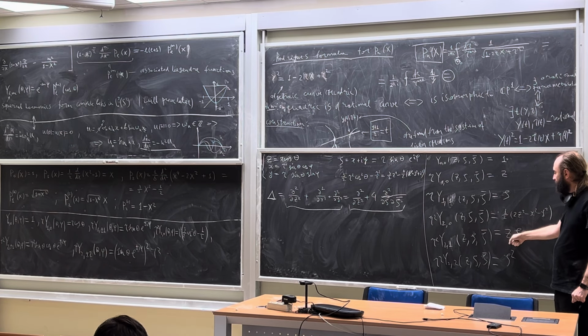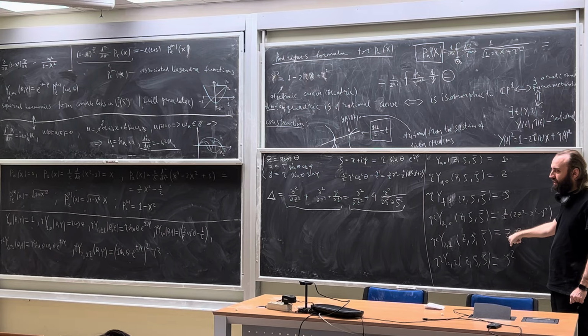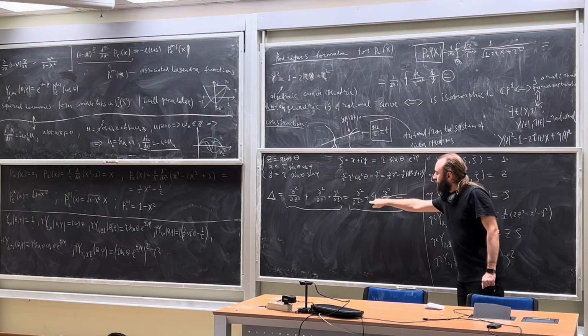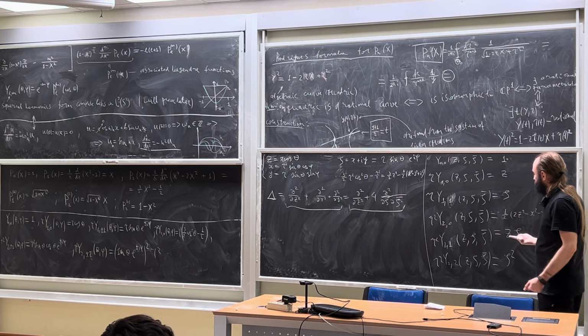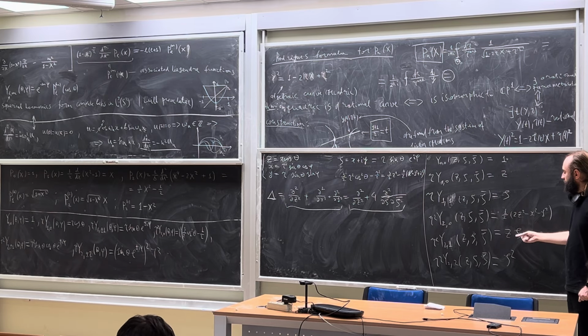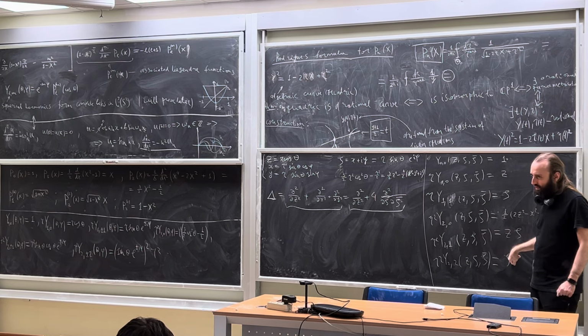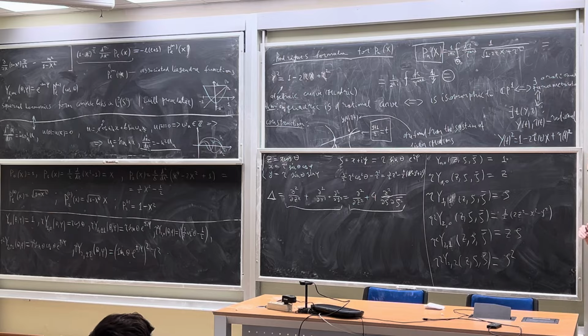This is also zero, although it's quadratic, because each of these derivatives contains more than can survive. It's either second derivative in z or derivative in zeta and zeta bar, and the same for zeta squared.